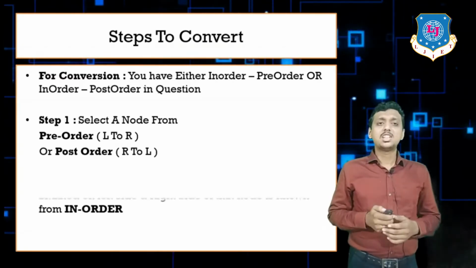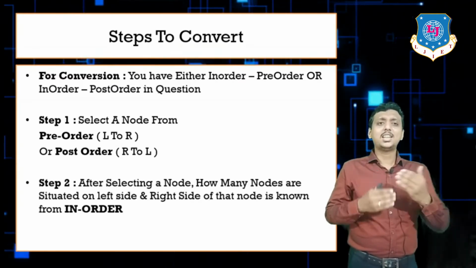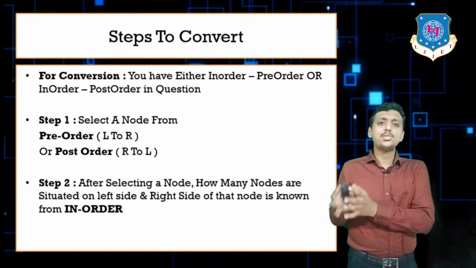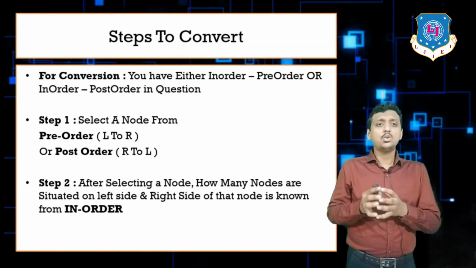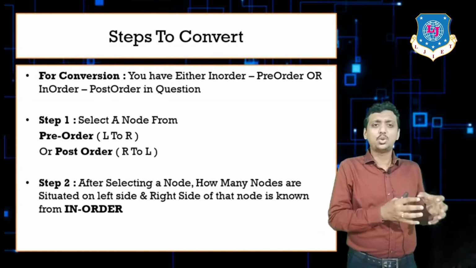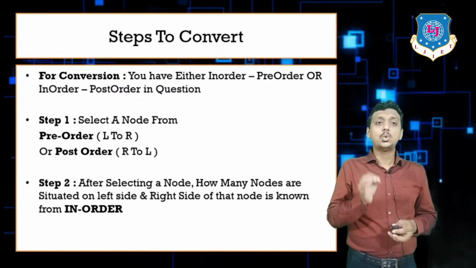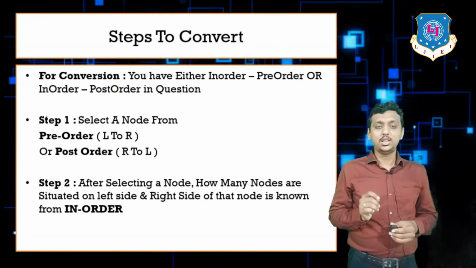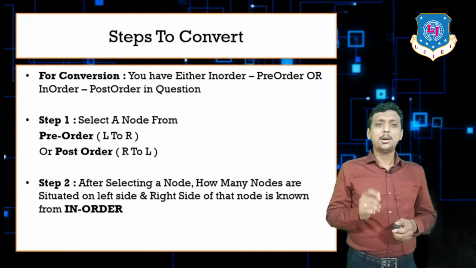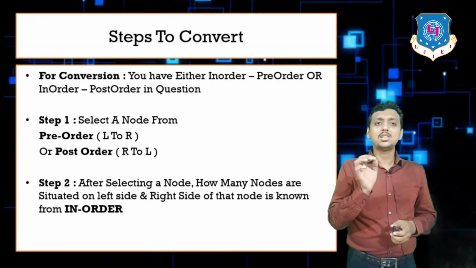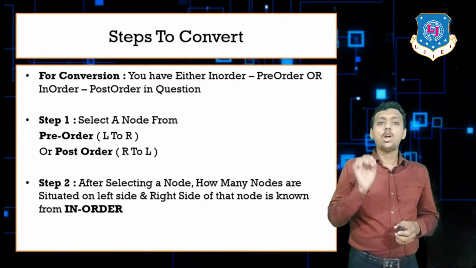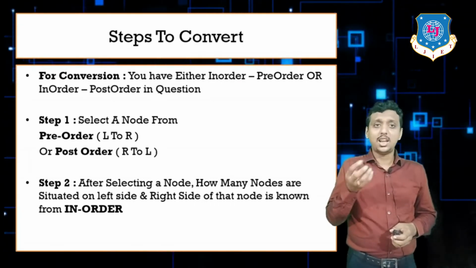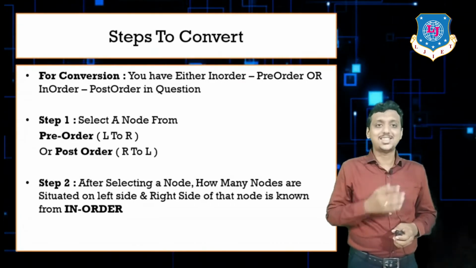Fine. Now step number 2: after selecting the node, how many nodes are situated on the left side of the root node and how many on the right side will be calculated from in-order. So always remember, pre and post are just for the selection of a node, and from in-order we will decide which nodes are on the left side and which are on the right side.